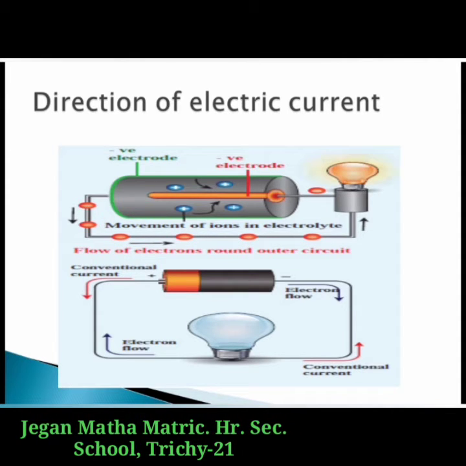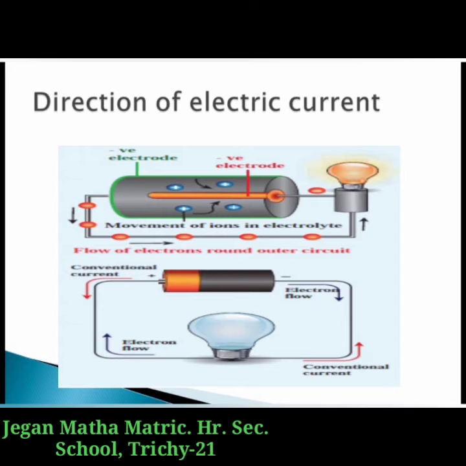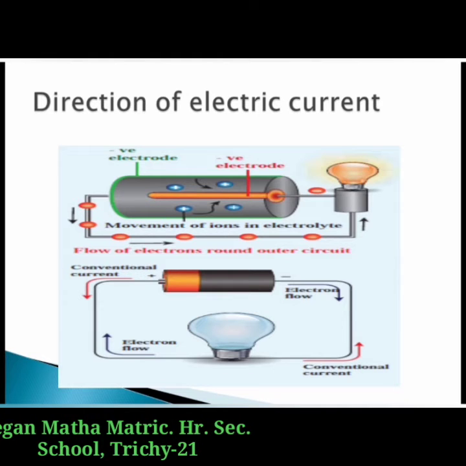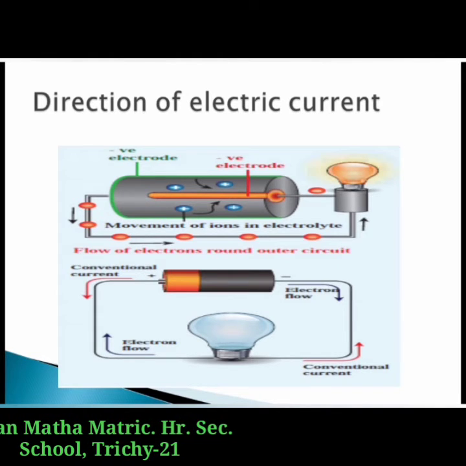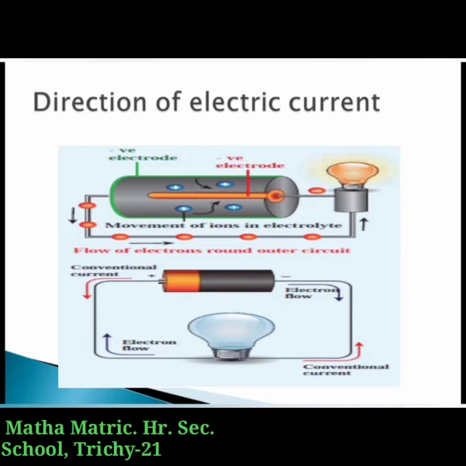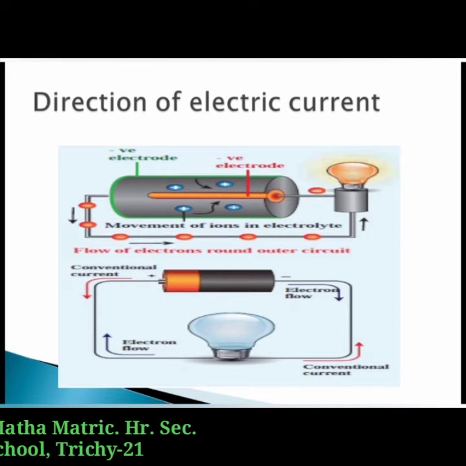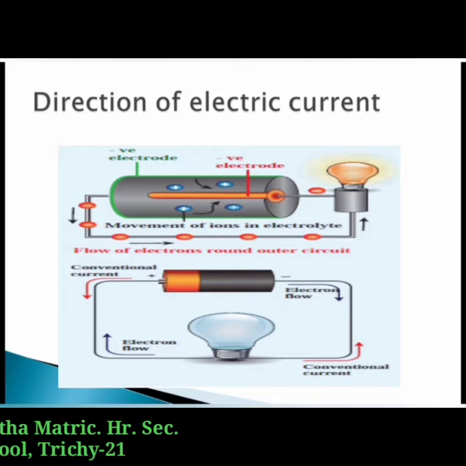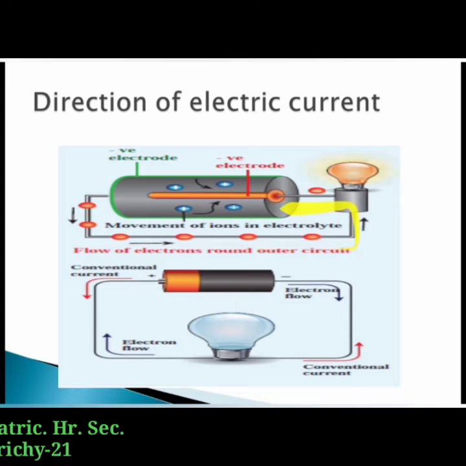But conventional current, or simply the current, behaves as if positive charges cause the current flow. Although in reality it is the electrons that move in one direction, in equivalence we consider as if the positive charges are moving in the opposite direction. This is taken as the direction of current.